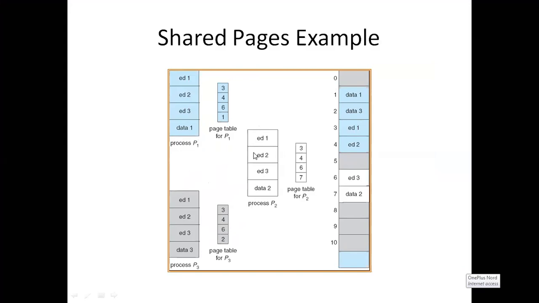If you keep ED1, ED2, ED3 of P2 separately, we require 3 more frames. If you keep ED1, ED2, ED3 of process 3 in the main memory, again we require 3 more frames. So for 3 processes, we require 9 frames to keep the 9 pages. To avoid that problem, we keep ED1, ED2, ED3 in the main memory frames only once. As it is a common code, all the remaining processes use the same frames.